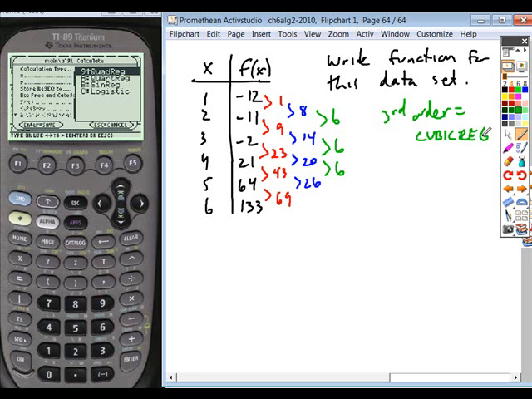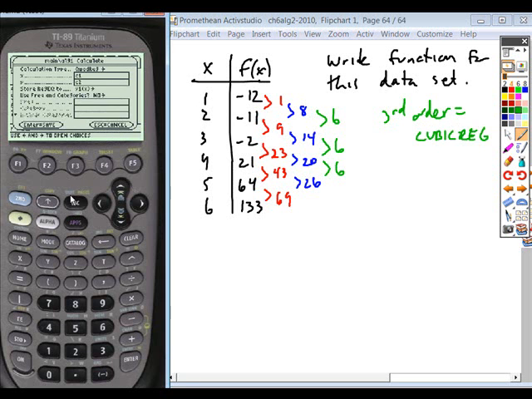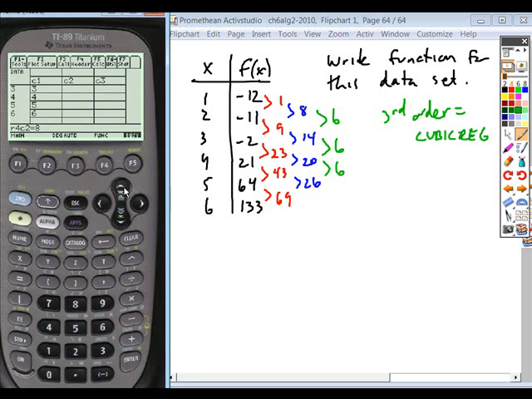And so now we can go back to our calculations here. Change our C2 values. So negative 12, negative 11, negative 2, 21, 64, and 133.